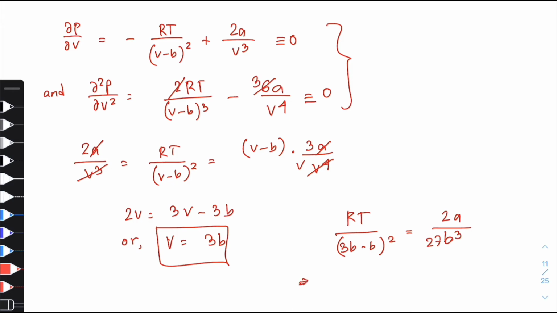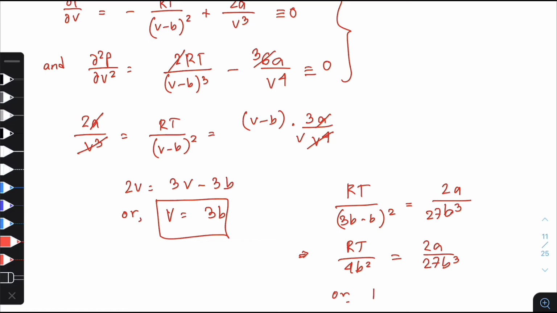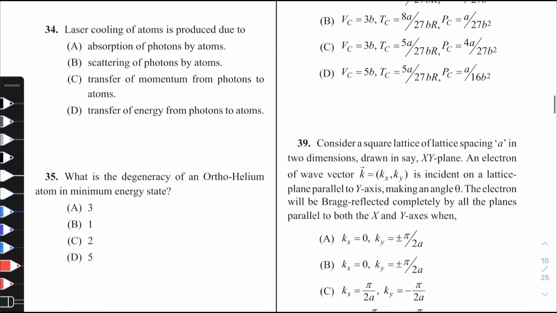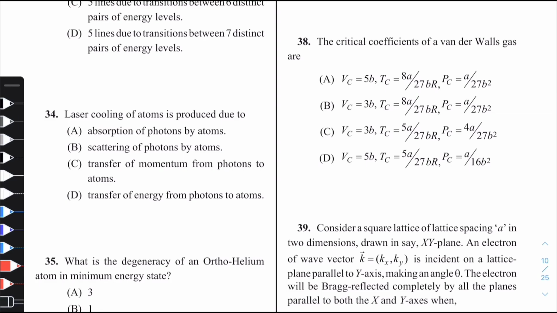So this simplifies to RT by 4b squared equal to 2a by 27b cubed, or T is equal to 8a divided by 27bR. So let's go back to the options. Vc is equal to 3b and Tc is equal to 8a by 27bR. So option B is the correct answer.